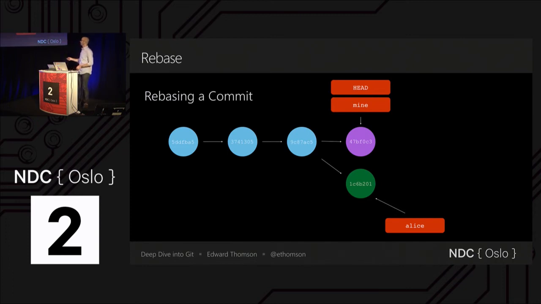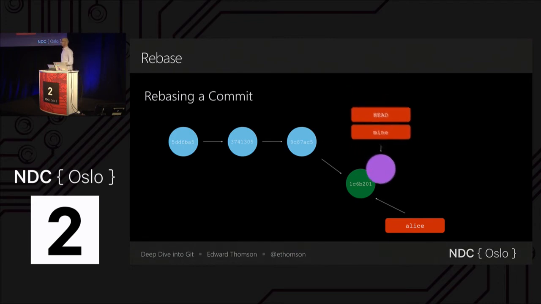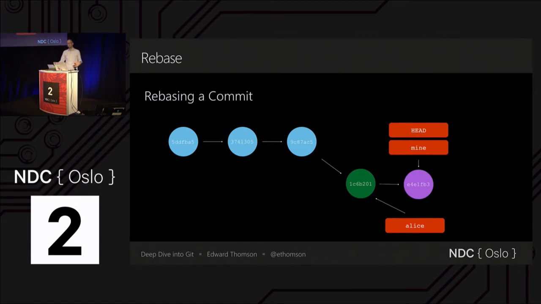And at its heart, all we do is, again, find the common ancestor, find the set of changes that were uniquely introduced in this commit, and replay them right on top of Alice's branch. It sounds pretty straightforward. It is pretty straightforward. The problem comes when you've got a lot of commits, when you've diverged a lot, and you end up with conflicts.